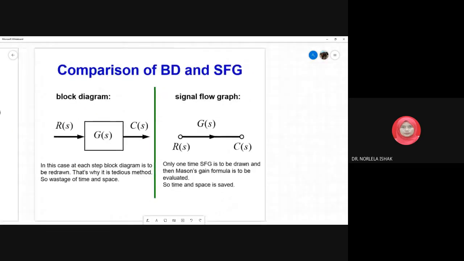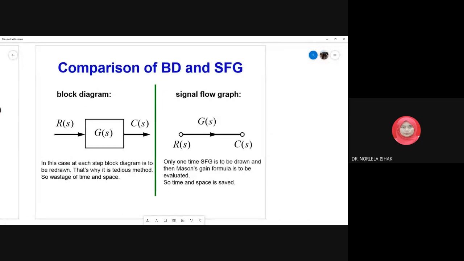Like this, we have a block, this is block G, and then represent it as a line and label it with G. Whatever the label inside the block, we label it in the signal flow graph.